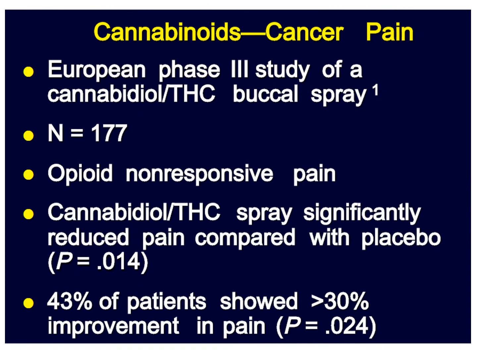As I mentioned previously, cannabinoids are making some inroads, particularly in patients who are terminal. Some early studies, with a relatively small population who are non-responsive to opioids and so forth, did see a statistically significant effect. 43% of the patients showed some improvement in their pain when administered cannabidiol or THC. So it's promising.